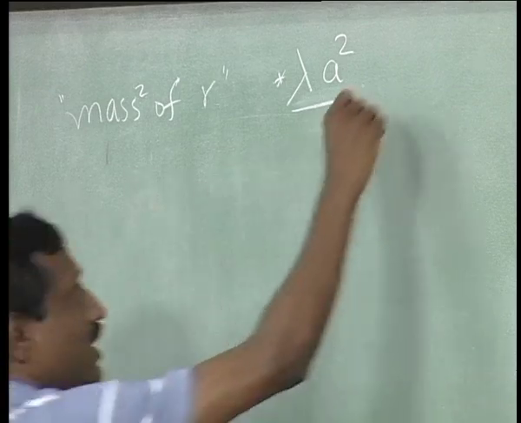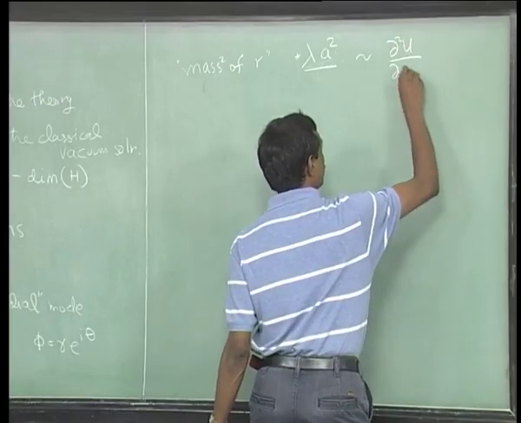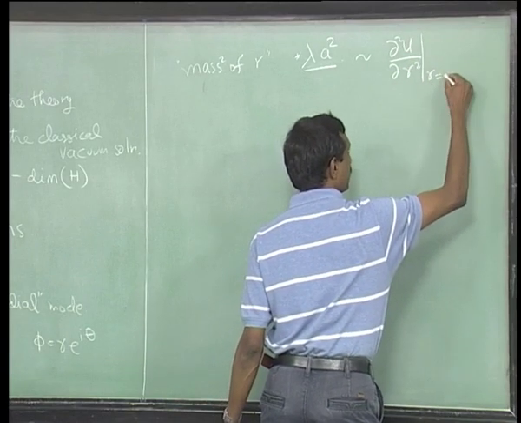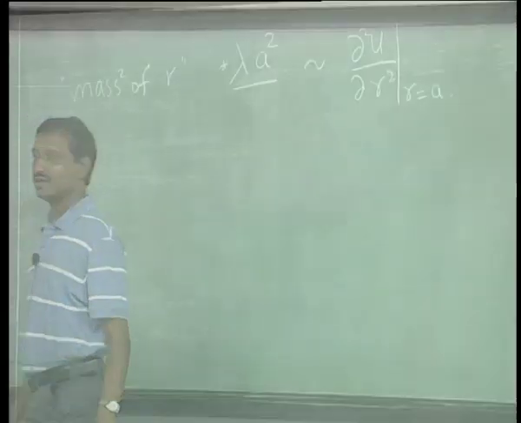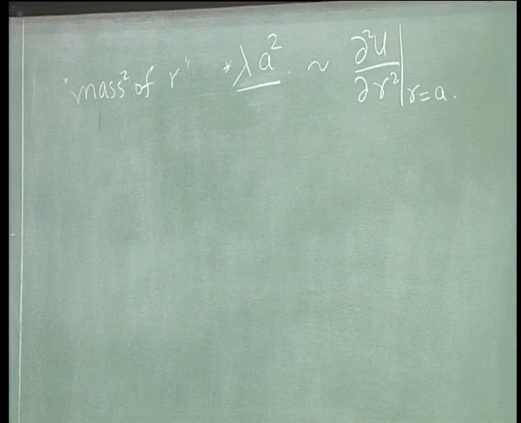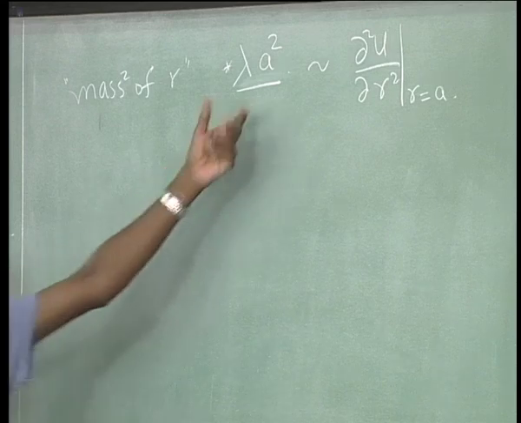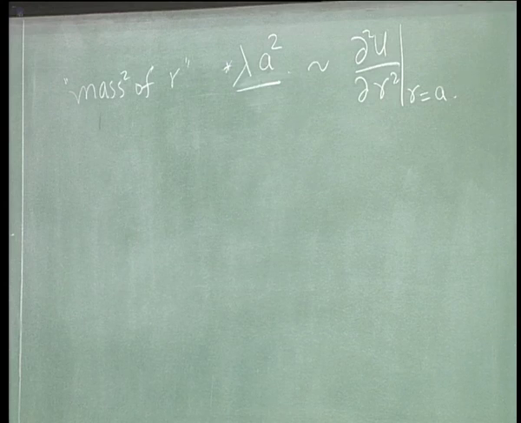But I really like to think of this as a second derivative at r equal to a, since the scale in this is a itself. So if you want to see this excitation in quantum field theory, you would say that there is a gap, and the gap is roughly of the order of magnitude λa².